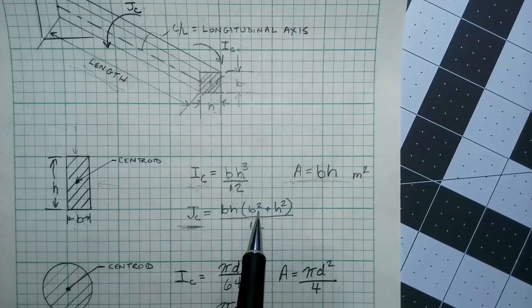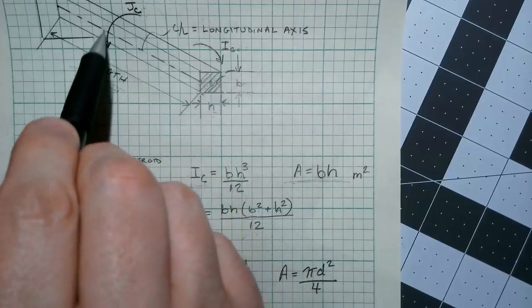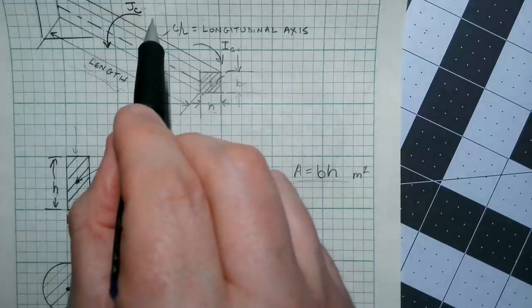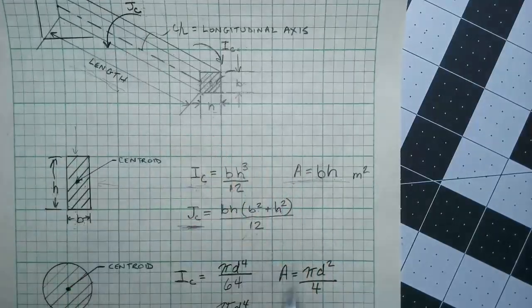You sum those, multiply them by the base times the height, and divide by 12. And that is your polar moment of inertia. That is the object's resistance against being twisted about the centroidal axis. So that's where you use polar moment of inertia.